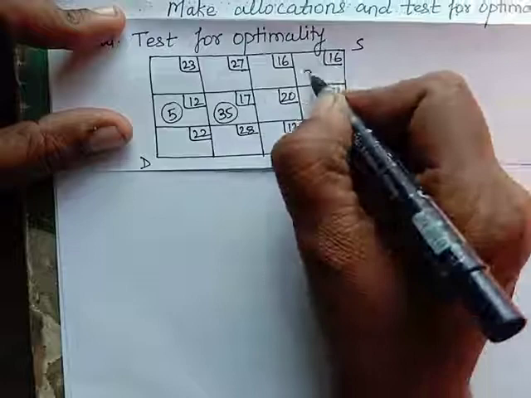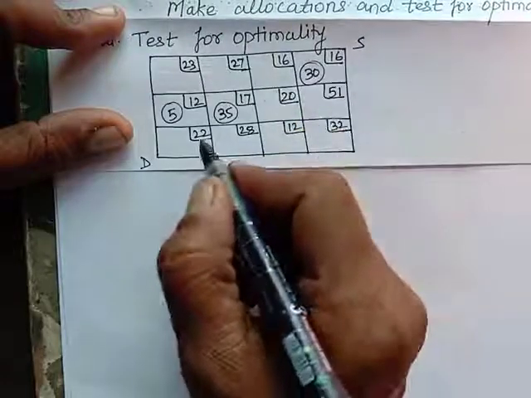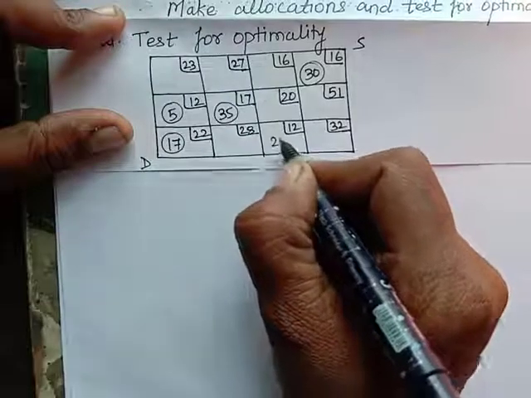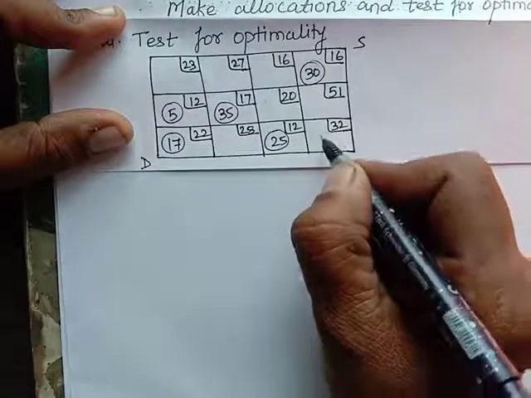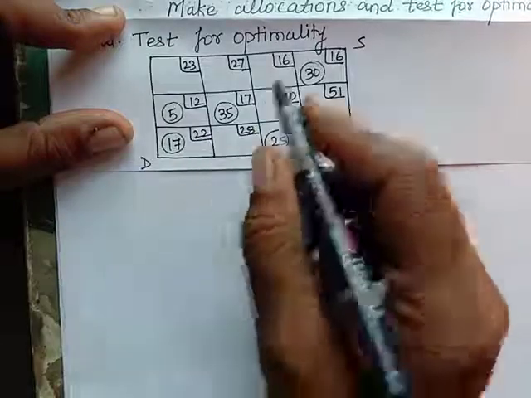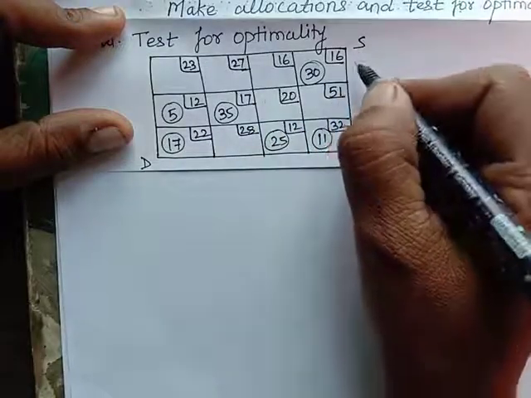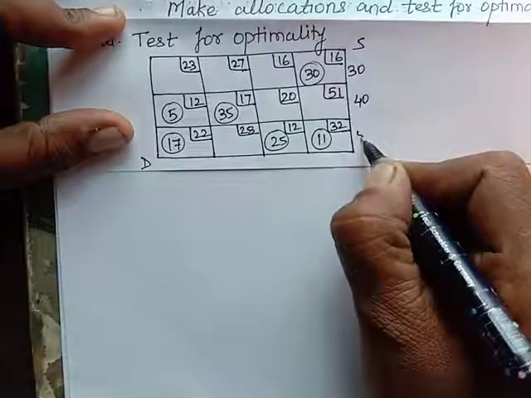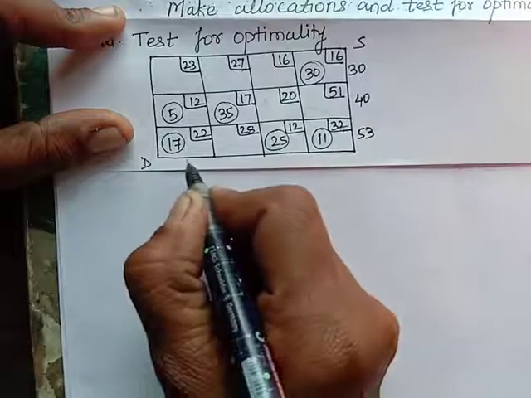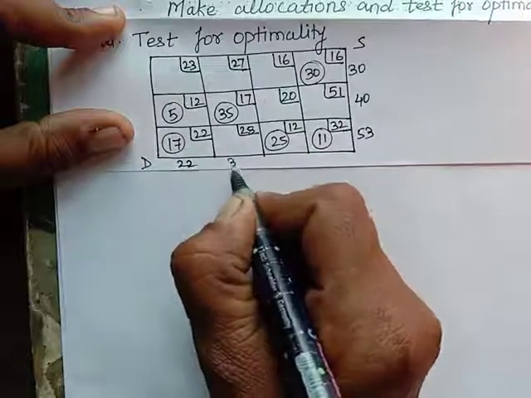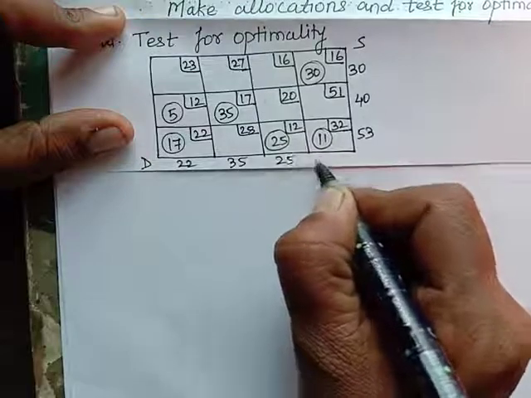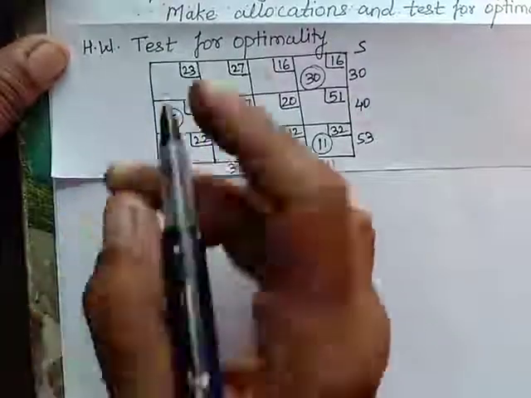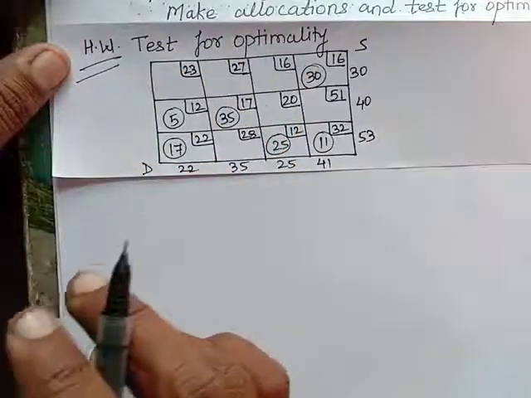Here 30, here 17, 25 and 11, and the supply and demands are 30, 40, 53, and here it is 22, 35, here obviously 25 and here 41. So solve this one as a homework. Take it as a homework, the same type of problem.